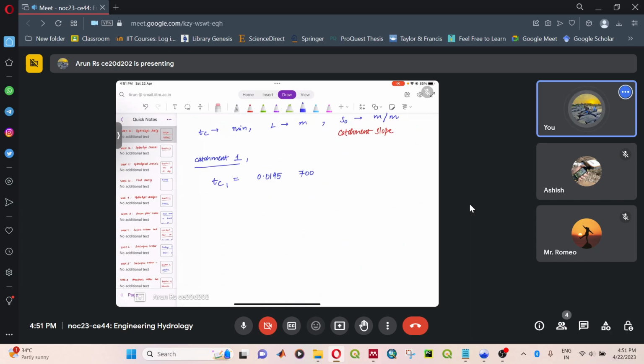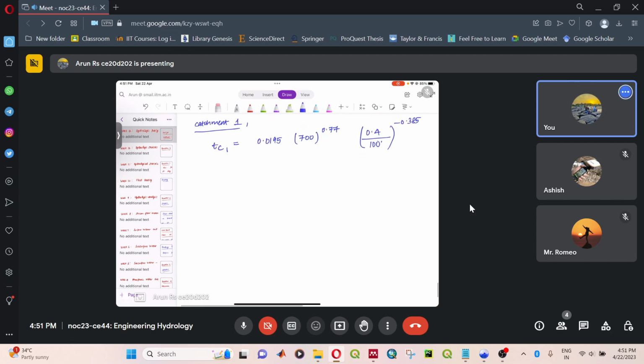So 700 meters for the first catchment, and the slope for the first catchment is given in terms of percentage. We are just going to divide it by 100 so that it becomes meter per meter, and this raised to the power of 0.385. So Tc1 will be 25.35 minutes.